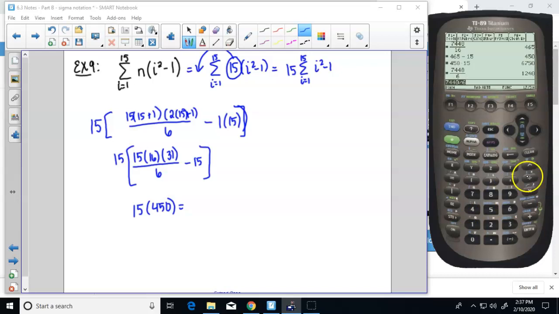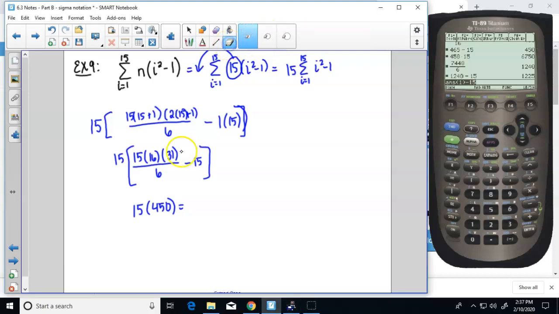Alright, that should be 1240 minus 15, which is 1225. Which is going to give you 18,375. Okay, questions?